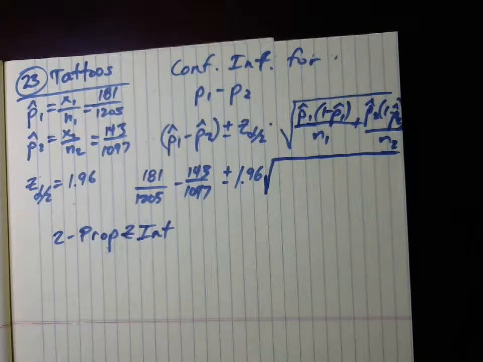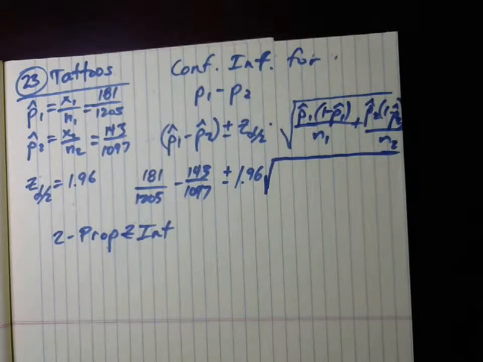I'll pull it up. Stat, tests, 2 prop Z interval, right there.